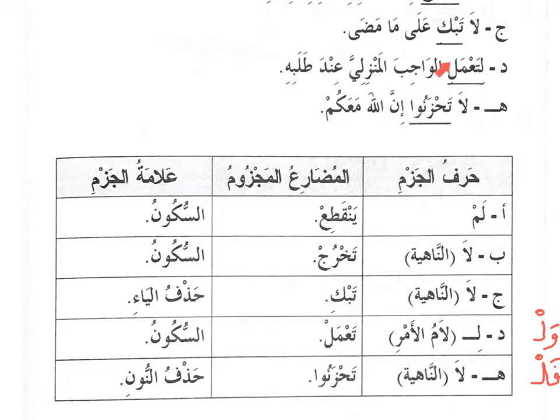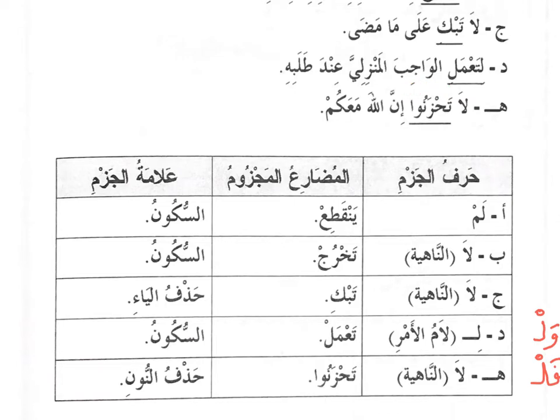But in this sentence, since the word ends with a sukun and is followed by alif lam, we have to replace the sukun with a suitable haraka, which is kasra, in order to connect the two words. Otherwise, we will have to read li ta'mal al-wajib. The better way of reading it is li ta'malil wajib.